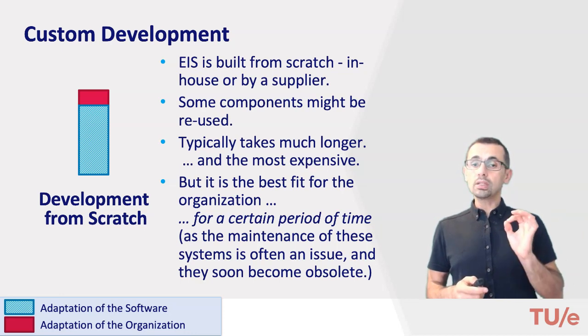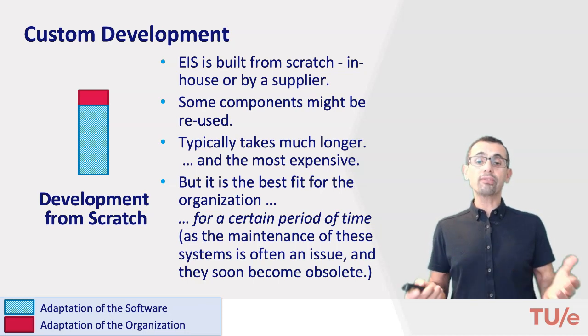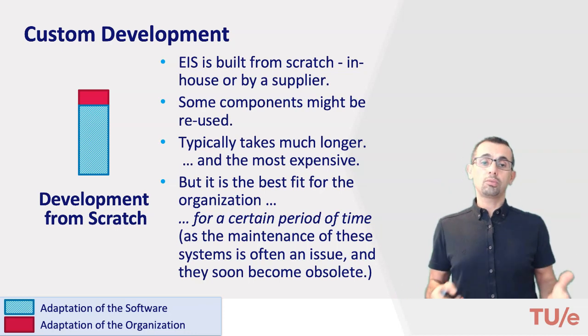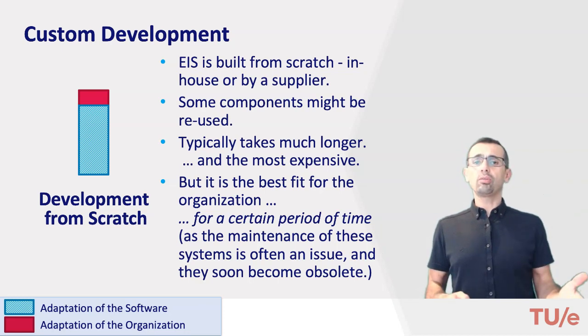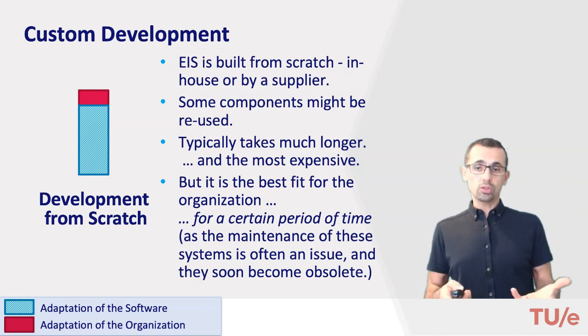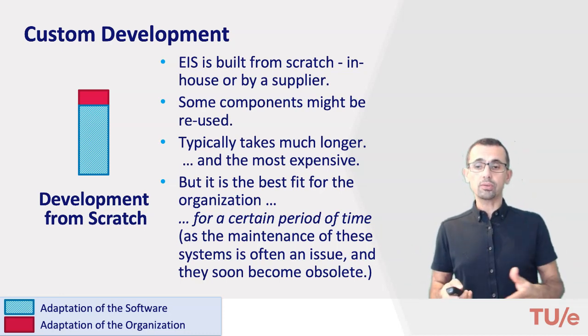So in custom development, the software system is built from scratch, either in-house, meaning by the IT department of an organization, or by a supplier. Of course, even in custom development, you still reuse some components of existing systems. You don't build everything from scratch.